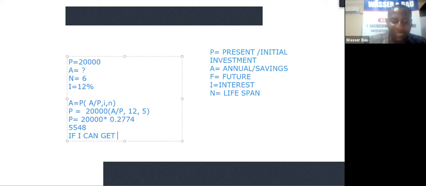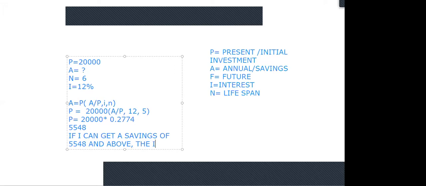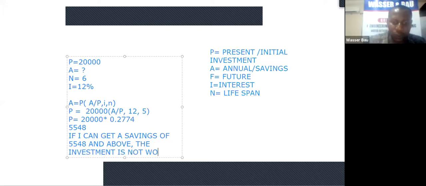If I can't get a savings of 5548 and above, the investment is not worth it. You should understand why it is "and above": because I'm the investor, and the higher, the better for me, isn't it?